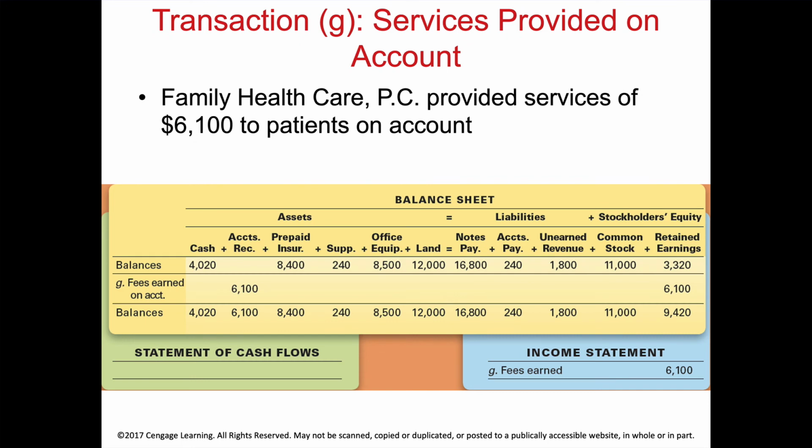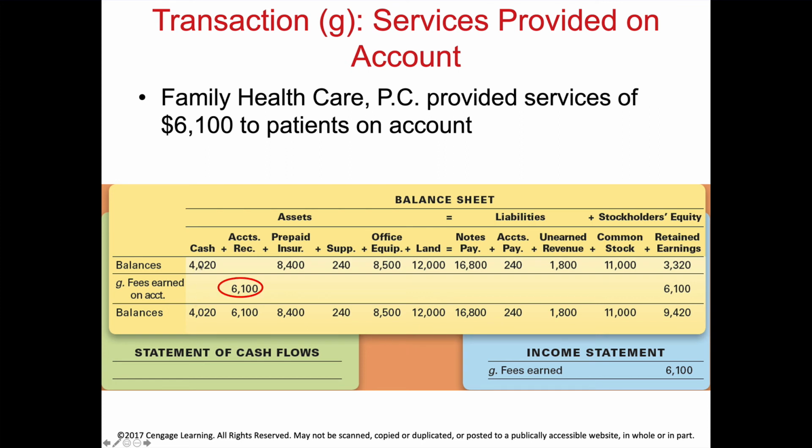And then the last transaction that we're just going to look at real quickly here is that they provided medical services of $6,100 on account. That means that their patients haven't paid them yet. So they now have an asset called accounts receivable, right?